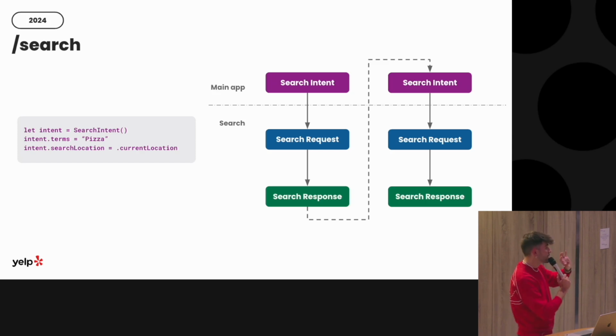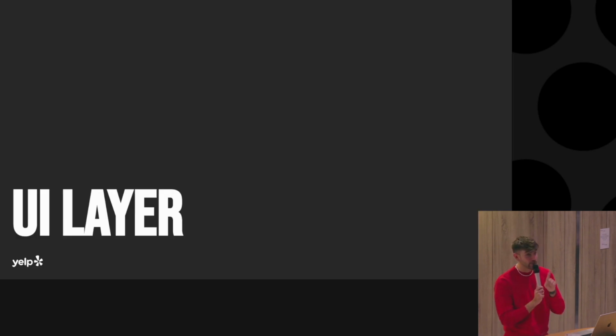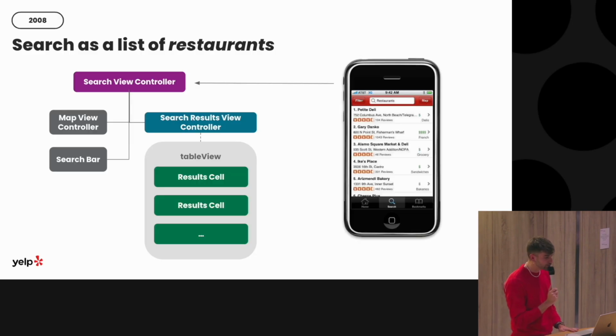That means that if the user performs another request or tries to refine their search, for example by applying a new filter, we take the previous response and convert it to a new search intent object. From there, we get a new request and a new response. I cut a couple of slides here, so there was another thing I wanted to tell you about the network, but we're going to move on to the UI layer, which has a bit of meat.